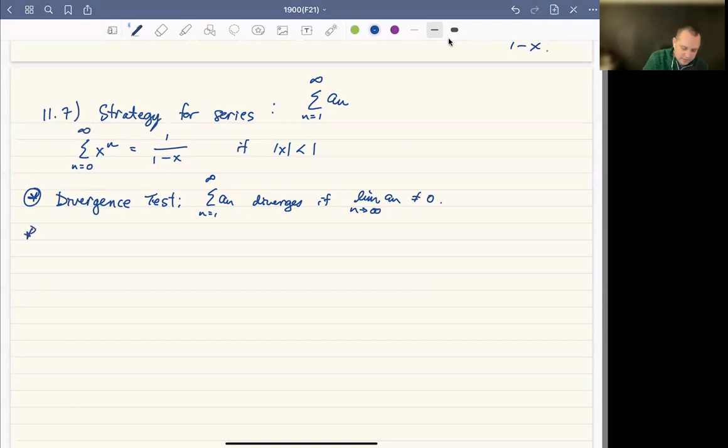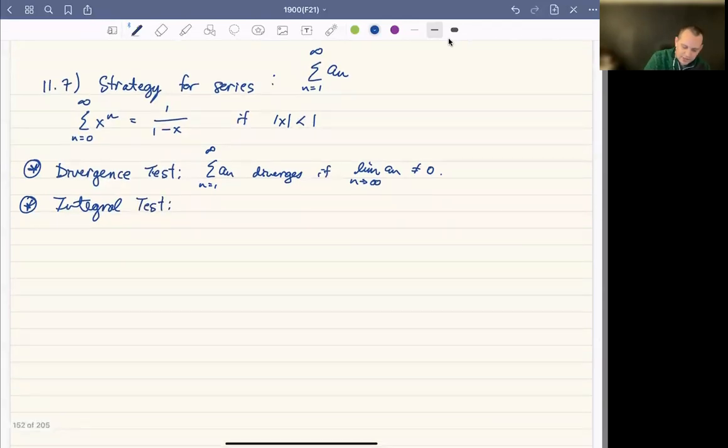We also learned the integral test. So the integral test says that if you have a function f of x where f of n, so when you plug in integers, you get the sequence a sub n.